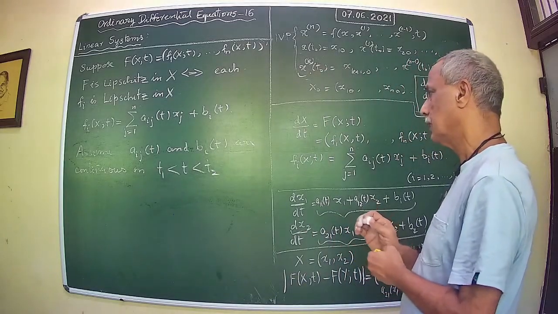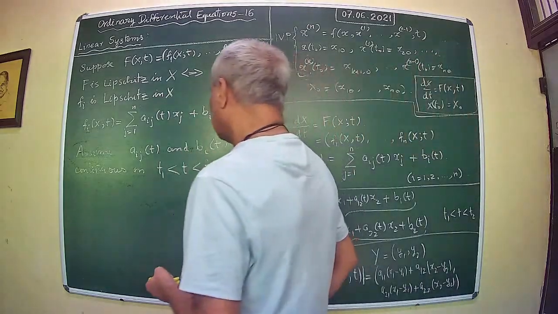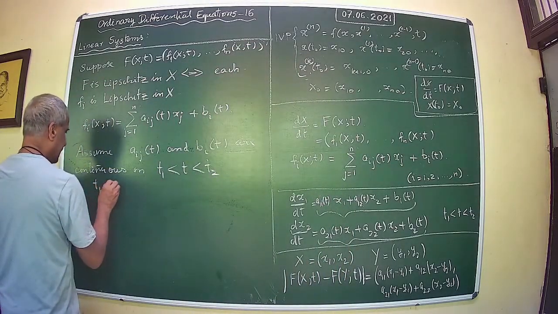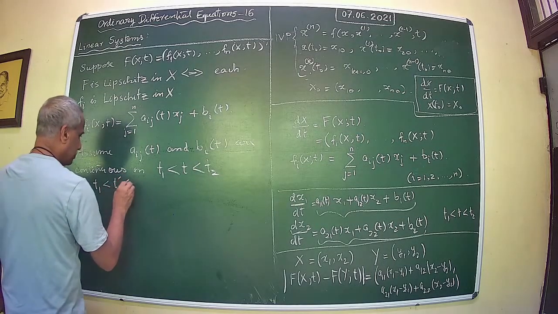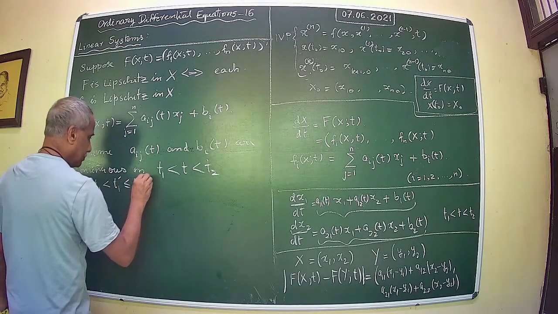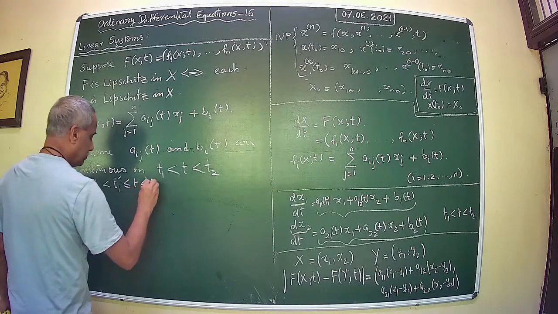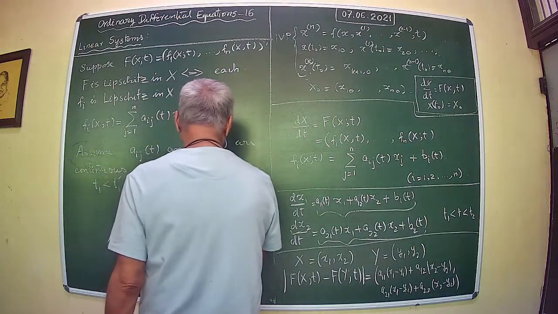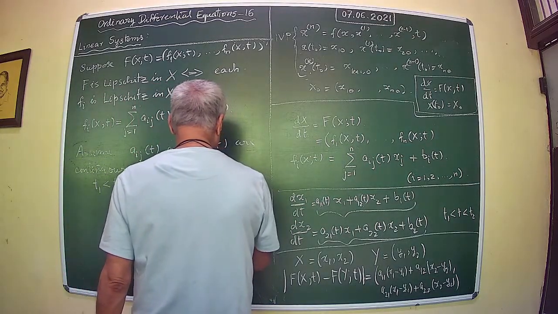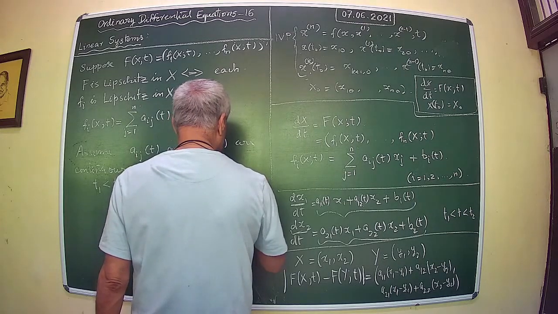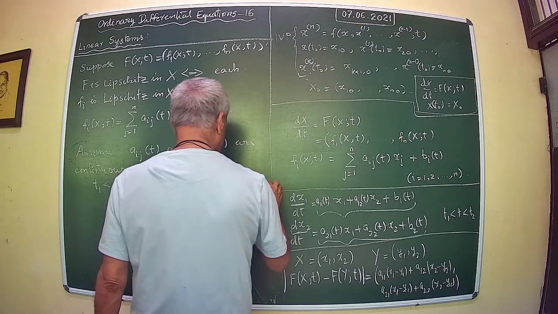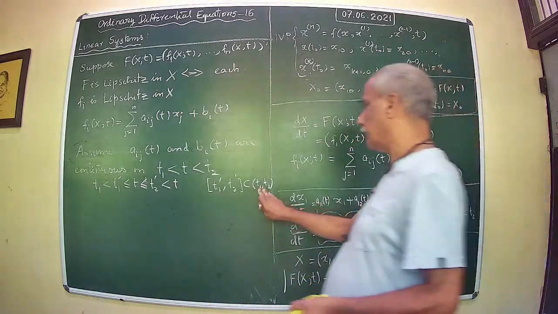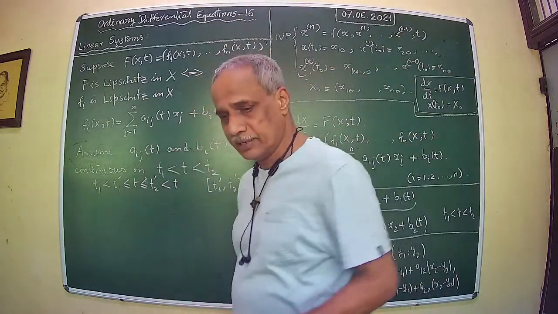Okay. Now suppose I assume this and let me take the interval t1 less than t1 prime. So I take this interval t1 prime, t2 prime, which is contained in... now I am assuming the functions are continuous on the open interval t1, t2.